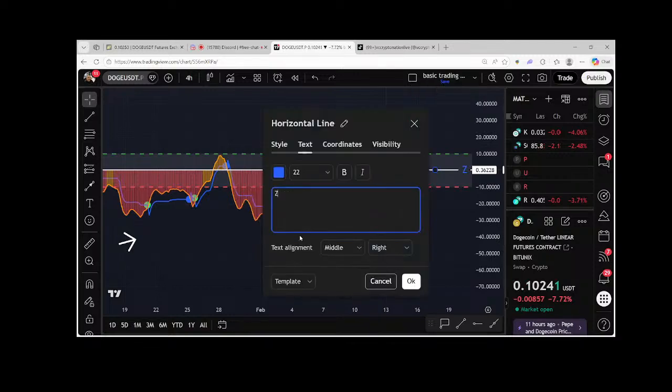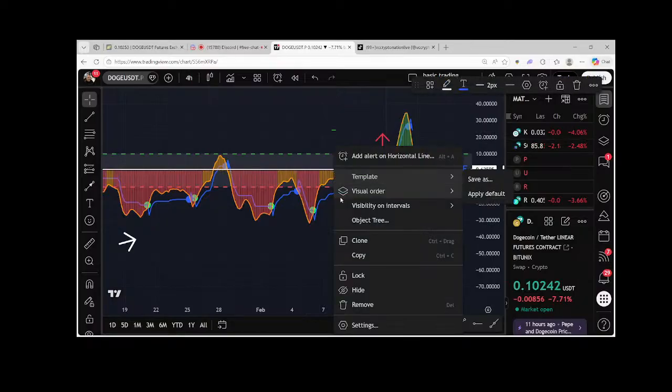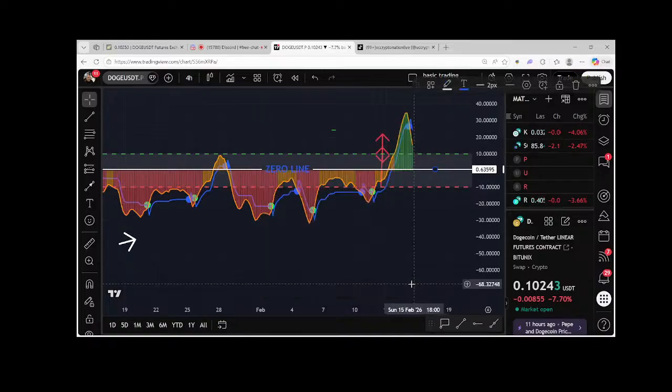Let me put that in the center. All right, that's the 0 line, which means everything above it is positive, everything below it is negative, right?